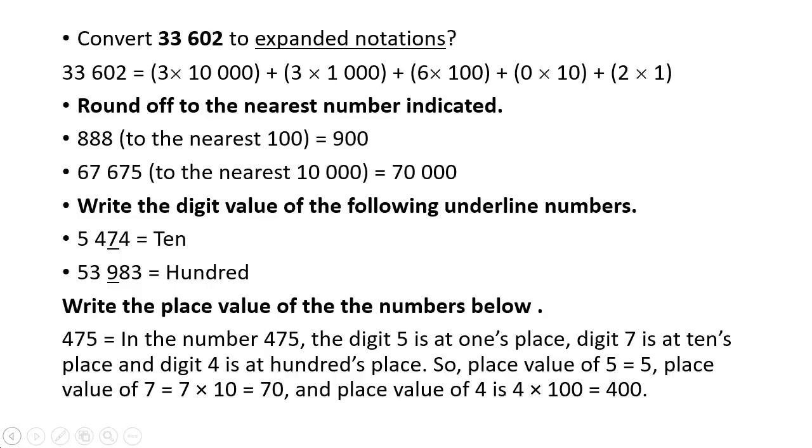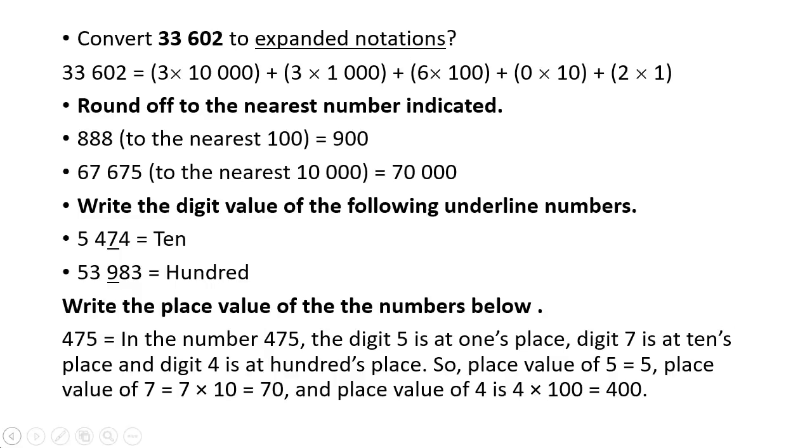So the place value of 5 is 5. The place value of 7 is 7 times 10 because 7 is at the 10's place. And the place value for 4 is 400 because 4 times 100 is 400.